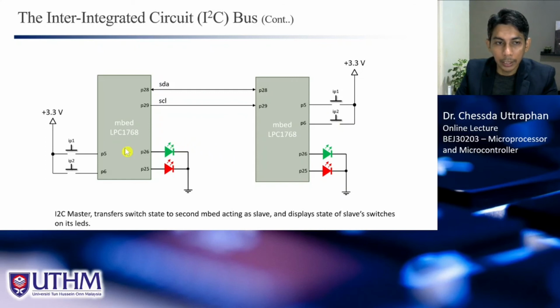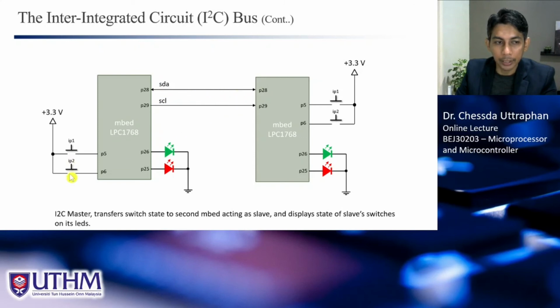What we want to do now is write the condition of the switch here, and output that condition to the slave, to the other microcontroller. So for example, when we press this switch, this LED will turn on. It means that the switch condition here is sent to this microcontroller through this SDA line, the data line.